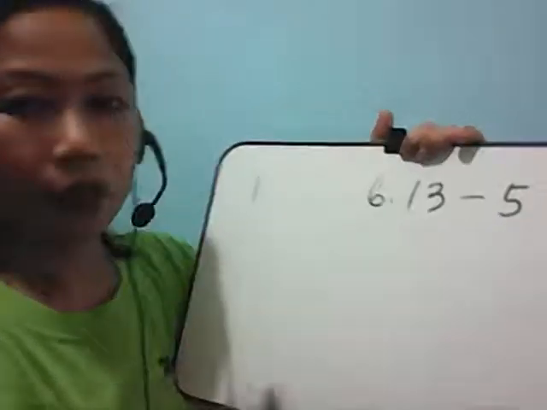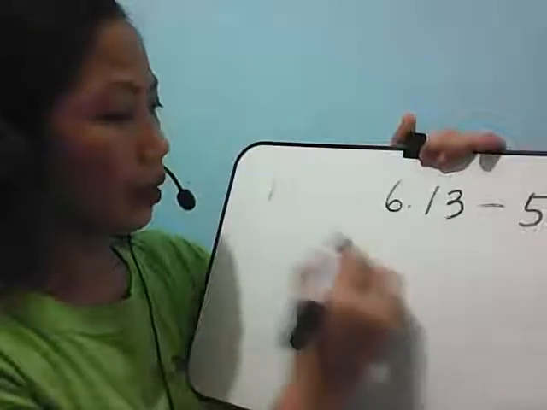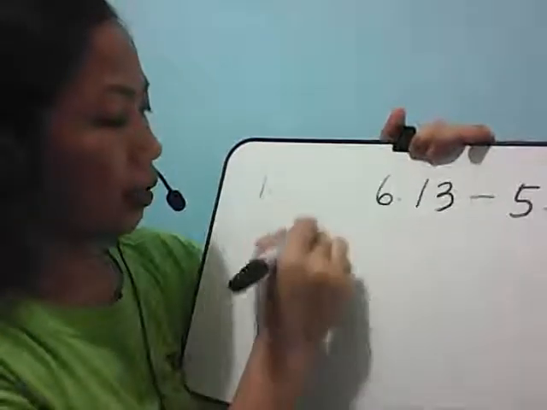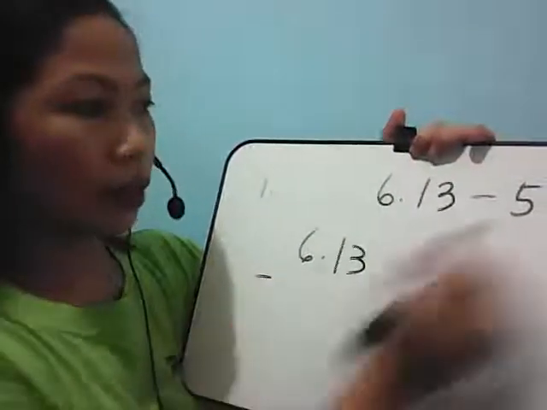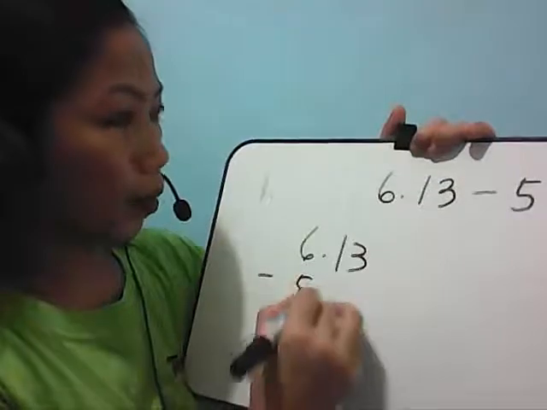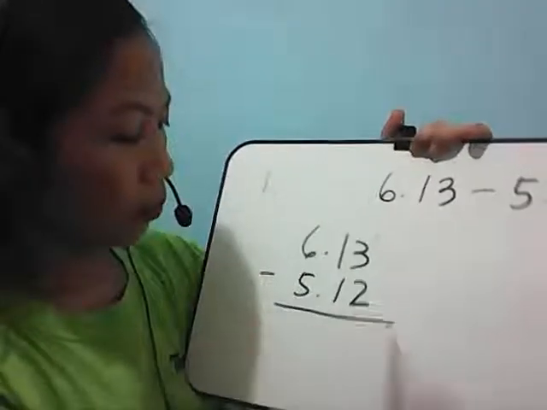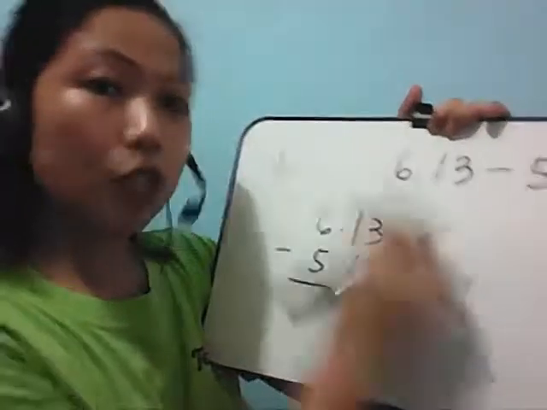All right. First, we need to rearrange it again. Okay? 6.13 minus 5.12. All right. So, let's do it. Again, from right to left.